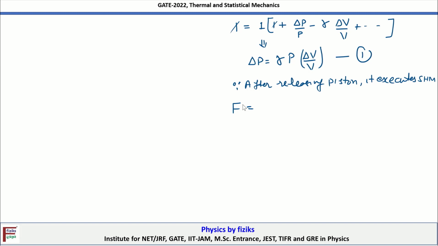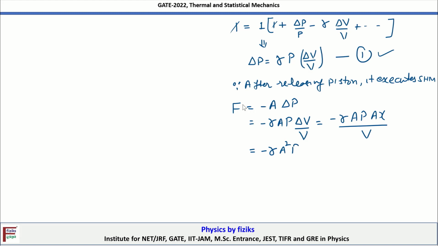So F is equal to minus A times delta P, and delta P we substitute from equation 1, so that is equal to minus gamma A P delta V by V. Now delta V is equal to A times x, so that is equal to minus gamma A P into A x upon V, which is equal to minus gamma A square P upon V multiplied by x.